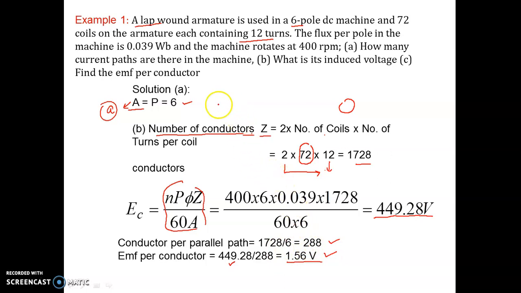So this is a very typical relation for how to find the voltage induced in a DC machine armature, and how we find the number of conductors and number of turns. In one turn 2 conductors are there, so it is multiplied by 2 here, and 72 is the number of coils given here. So this relation shows whatever we have studied regarding the induced EMF in the armature.